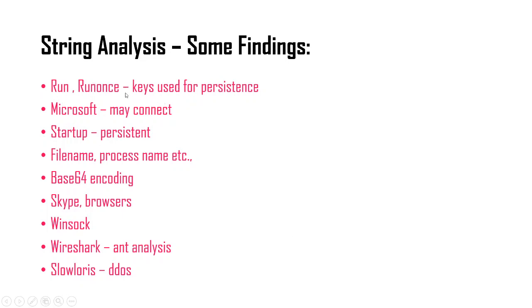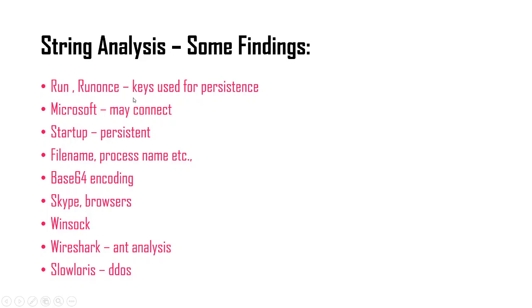These keys are among the strings we found in the malicious file. This key is used for a persistence method, for the particular malware to persist in a particular system. The key is used for persistence while rebooting the system. On every reboot it will enable its presence and start its process. So that key is used for a persistence method.